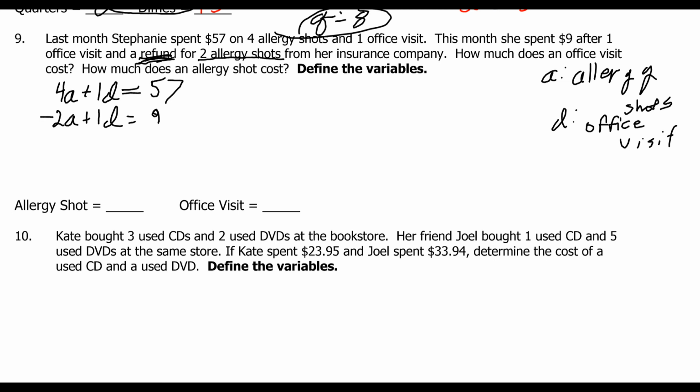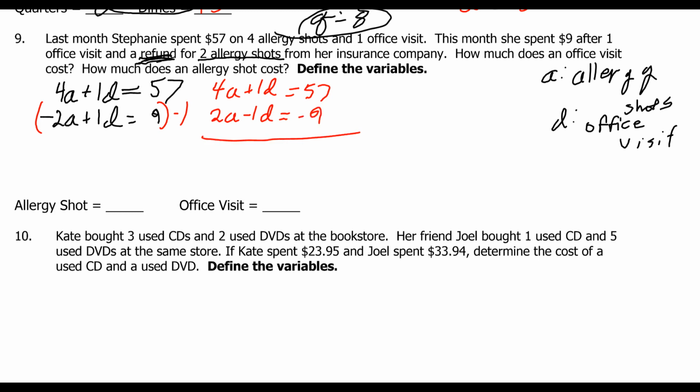To get something that's going to cancel, I would multiply the whole thing, kit and caboodle, by -1. So I wind up with 4A plus 1D equals 57, and 2A minus 1D equals -9.